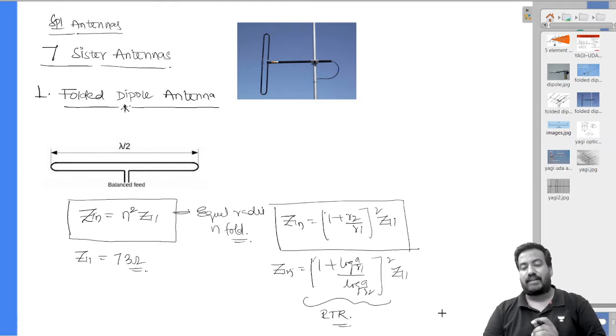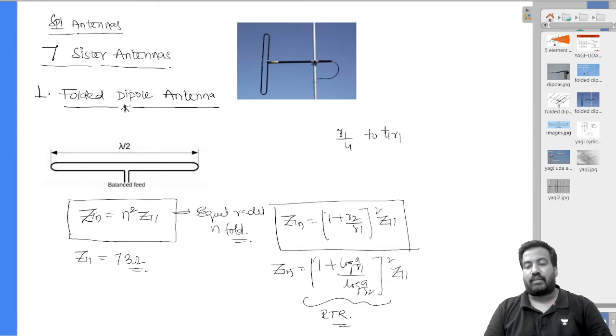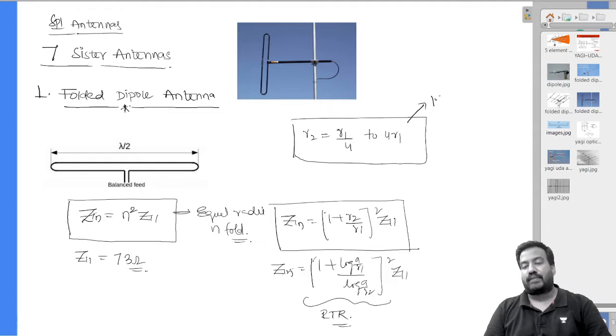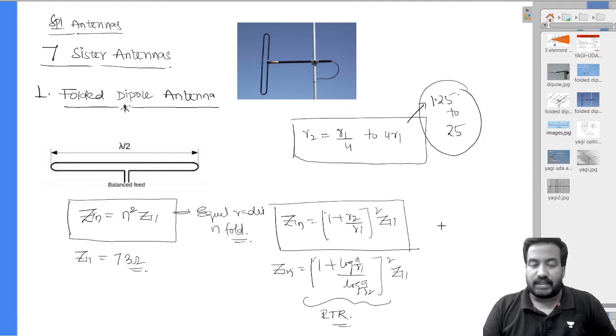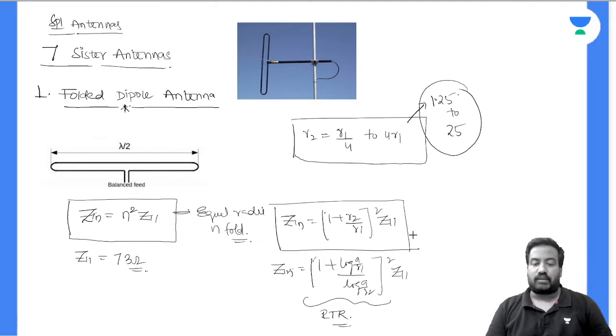R2 will vary between R1 by 4 to 4 times R1, which gives you an impedance transformation ratio of 1.25 times to 25 times. Clear? So this is a very important antenna. For detailed analysis, please go through the Antennas Maha Marathon series.